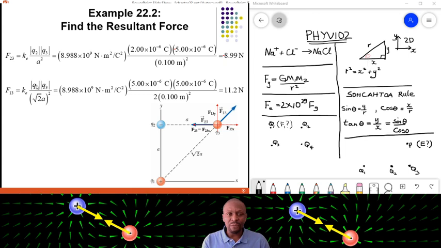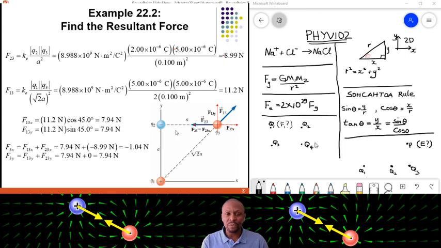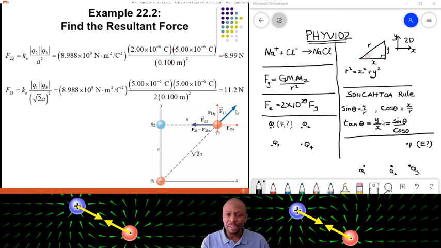Now for Q1 and Q3, this is what you are going to have as the resultant force, this force here for F13. That's what you are going to have, 11.2 Newton. From this, we can use the Socrates rule to get the F13x, and also the y component of this F13.